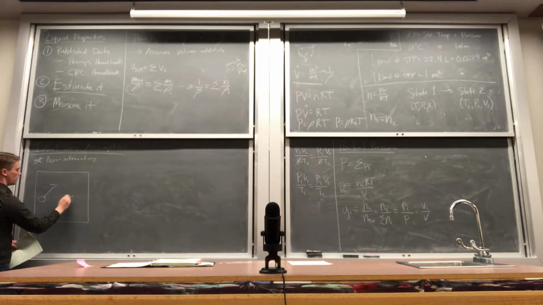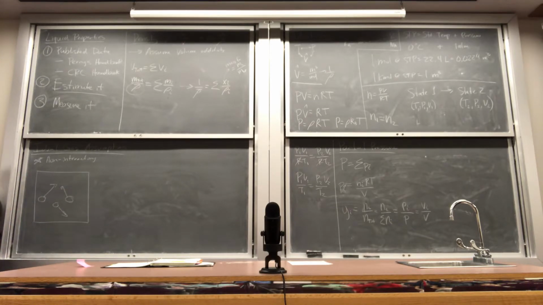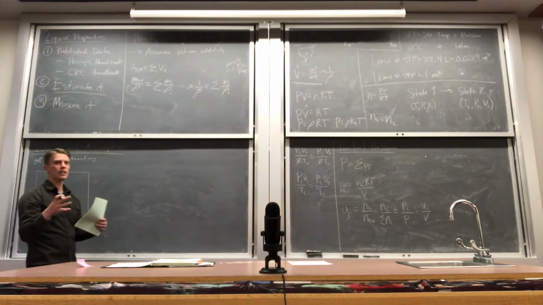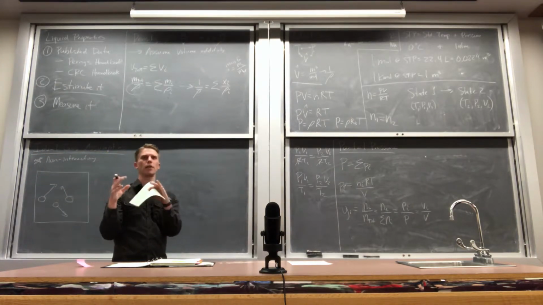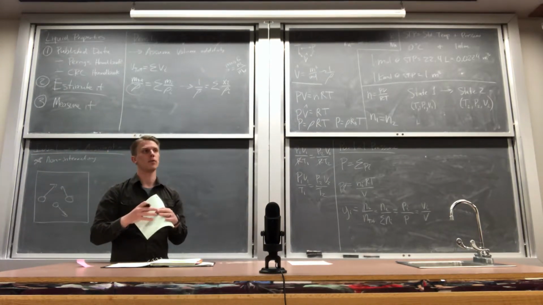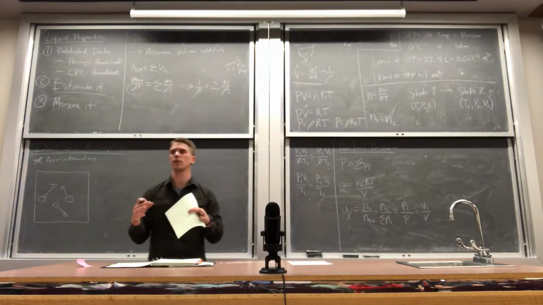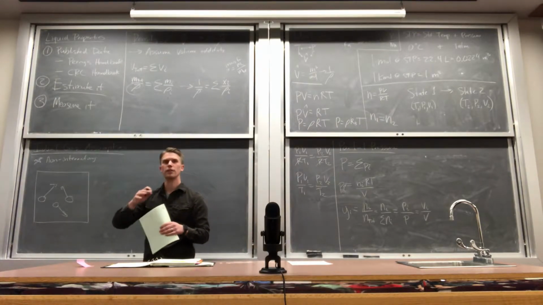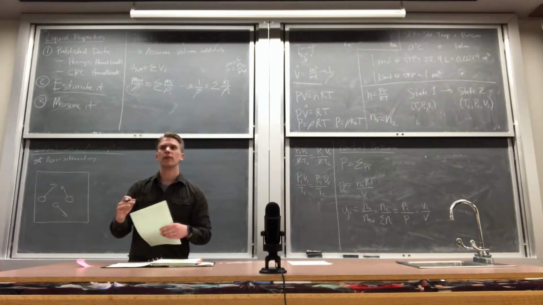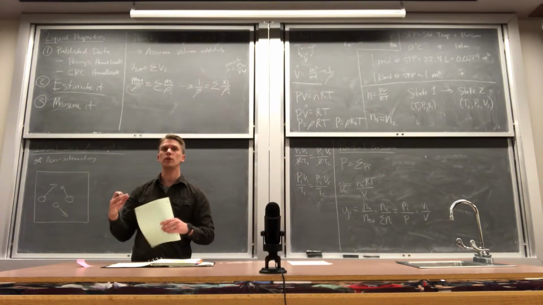This one's zipping this way, this one's going that way, and this one's going this way. What property would tell us the average distance between two molecules? I would say the density is a good unit, right? Because if you have a really high density, that means you probably have a lot of molecules that are close together. If you have a really low density, you have molecules that are very far apart. So regardless of if they actually interact, they're so far apart they don't have an opportunity to do so.